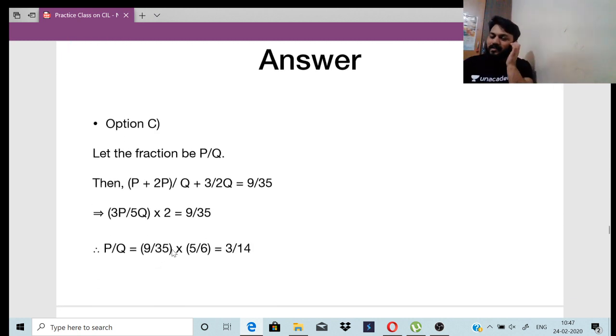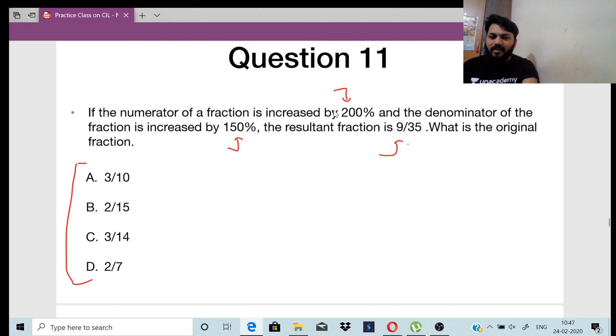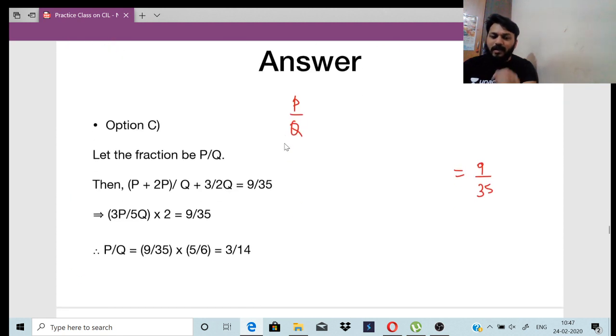So it's an easy one again. Let the fraction be p by q. The end one is 9 by 35. First, I am increasing the numerator by 200% and the denominator by 150%.